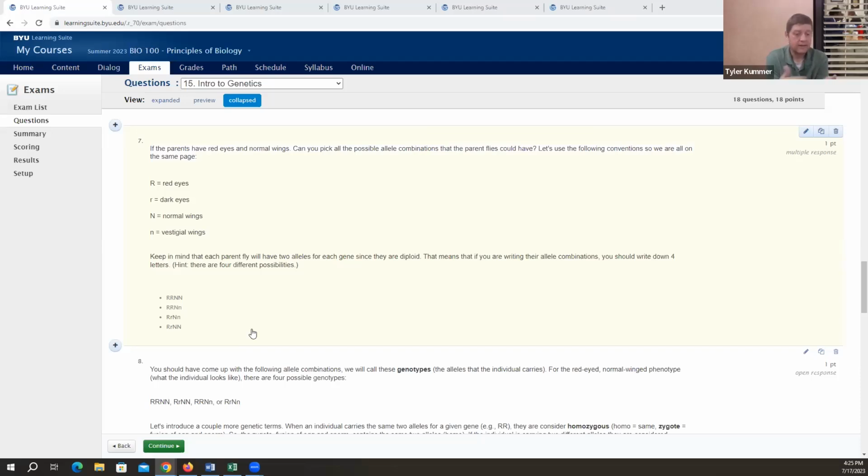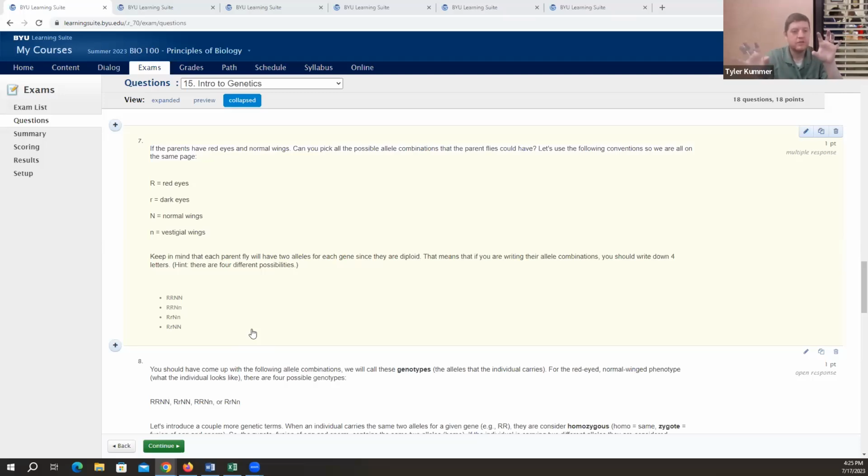It's a random chance. And so when we're setting up a genetic problem, when we're doing a Punnett square, the reason why we put both of your alleles on there is because both are equally possible of being passed on to the offspring. And so if you were heterozygous and you had a red allele and a dark allele for eye color, we have to set up the Punnett square where you can pass on either.